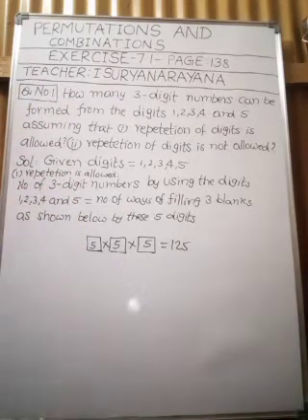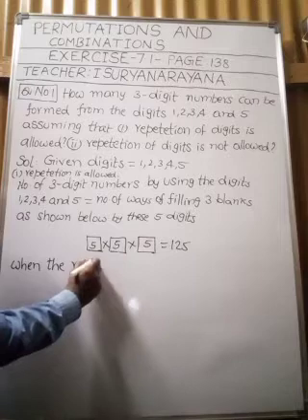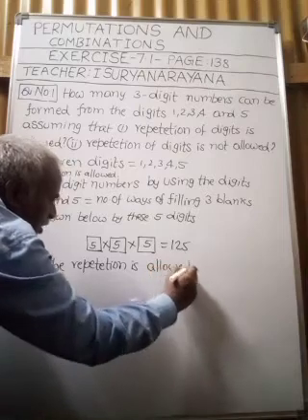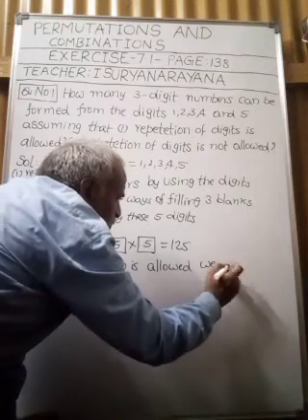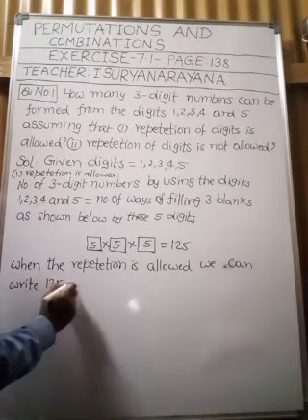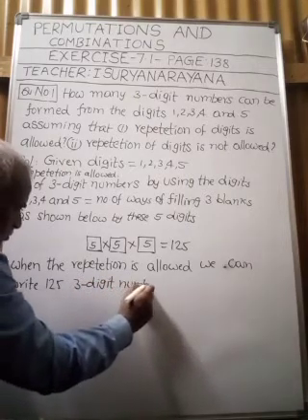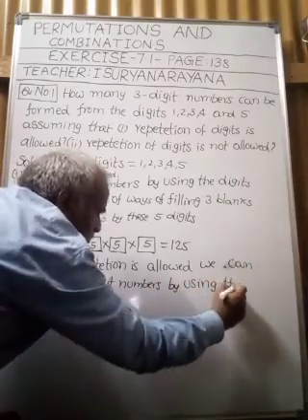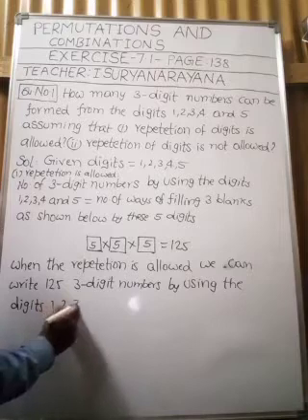When the repetition is allowed, we can write 125 three-digit numbers by using the digits 1, 2, 3, 4, 5.